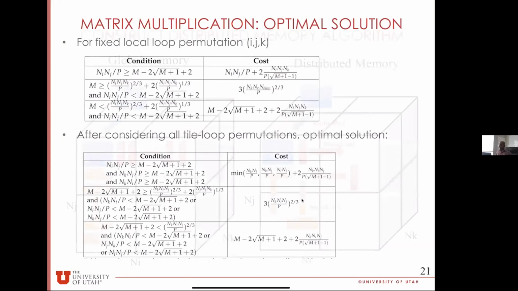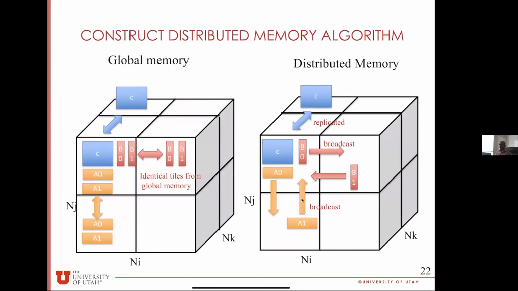Let me then go to the next step. So far we have solved an abstract global memory optimization problem. Now, how does this relate to an actual distributed memory algorithm?